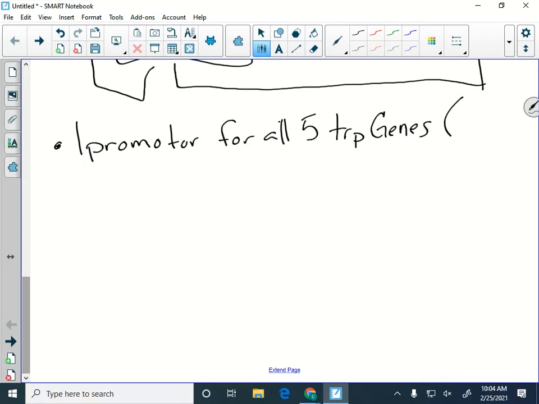This is our transcription unit. Remember, we talked about all of the genes that one promoter codes for. That's our transcription unit. All 5 genes are transcribed at one time, which means we make the enzymes 1, 2, and 3 all at once.